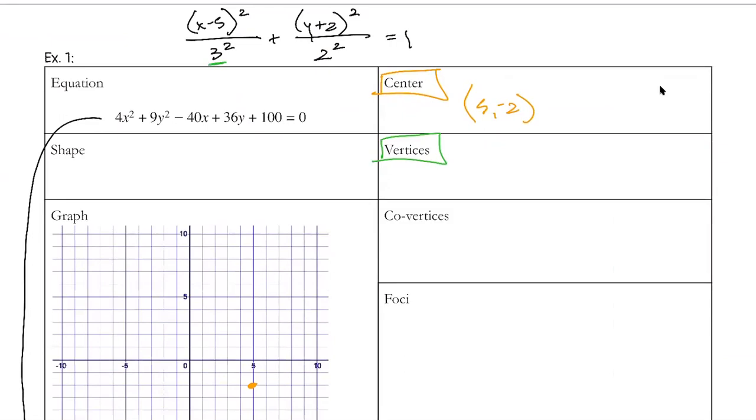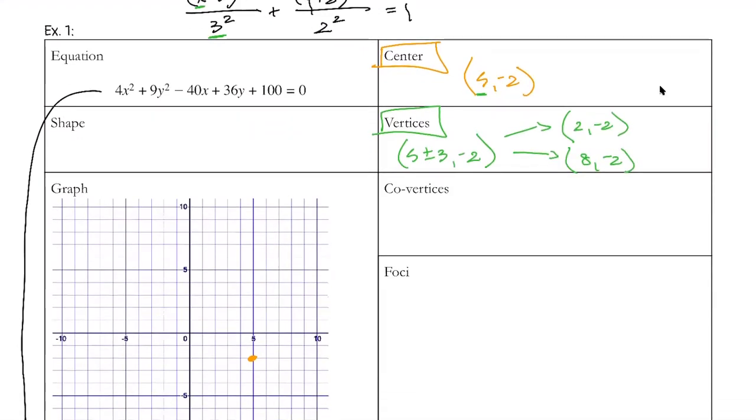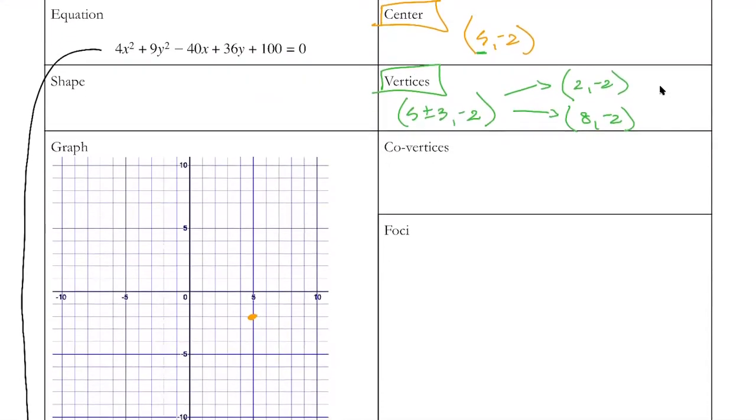So I'm going to add and subtract 3 from the x value of my center because it's underneath the x. So I get 5 plus or minus 3, comma, negative 2. And that will give me 5 minus 3 is 2, and 5 plus 3 is 8. And so I'm able to plot 8 comma negative 2 and 2 comma negative 2.